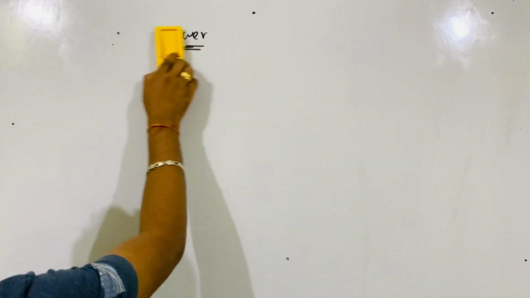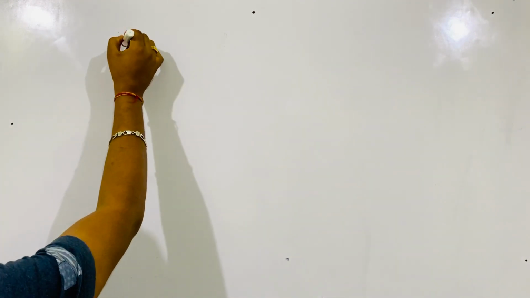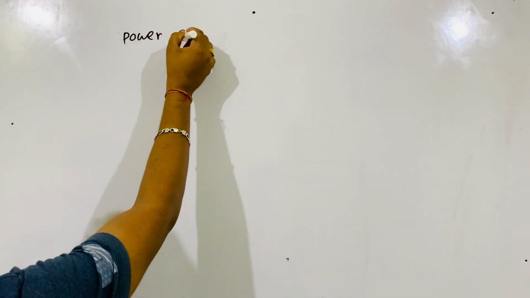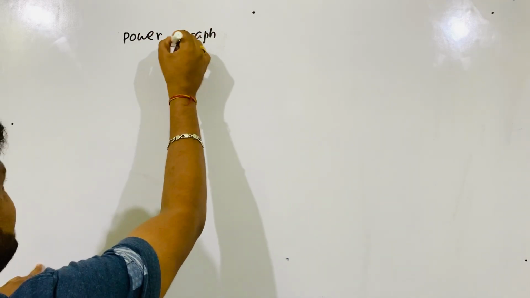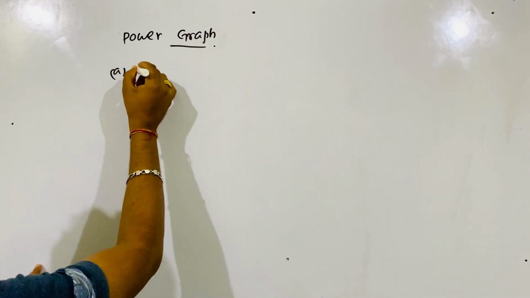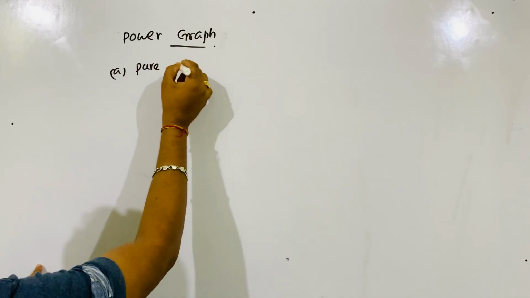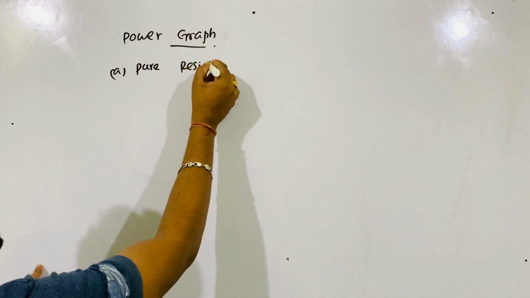So we'll go to draw the power graph in different circuits. First, let's come to the pure resistive circuit.